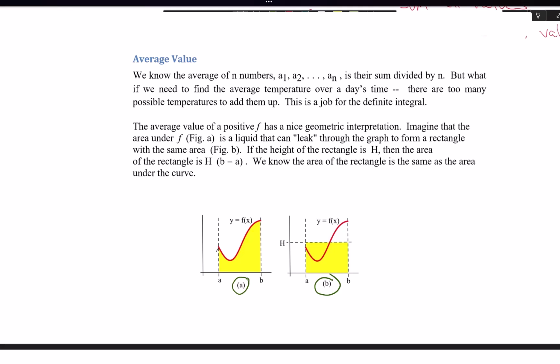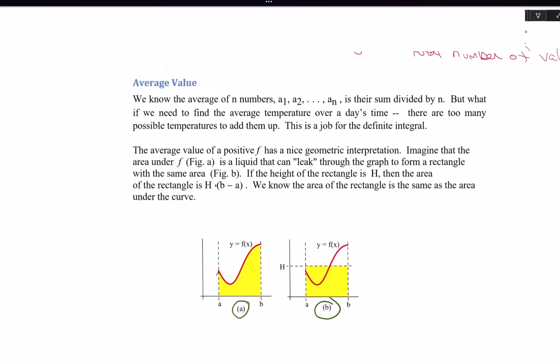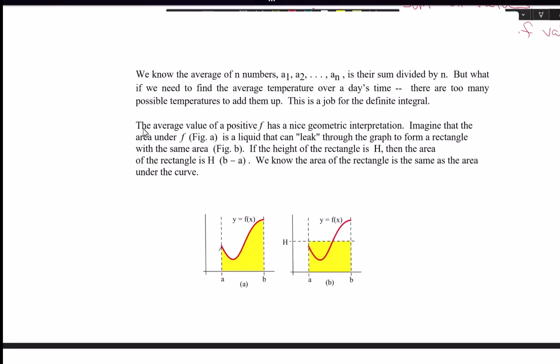So if the height of the rectangle is H and the area of the rectangle is H times B minus A, which is the width, then we know the area is the same as the area under the curve. We can say the area is the sum of all the values under the curve, and we're going to divide by B minus A, the width of the interval.